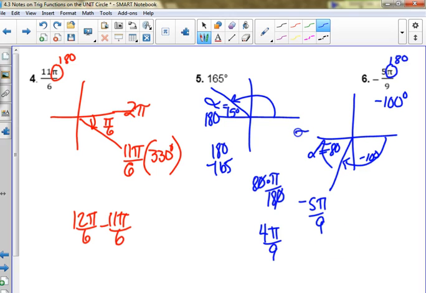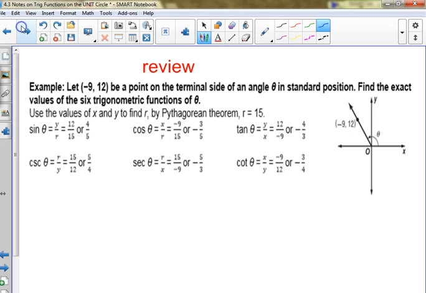And some of you could have just done that. Pi minus 5/9 is 4/9. Okay. But that's the reference angle. I think I mostly put degree reference angles on the quiz. Anybody lost? All right.